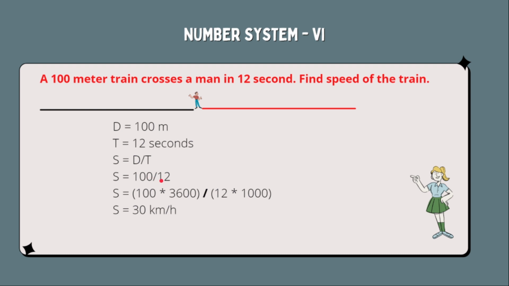So to convert them into kilometer per hour, we have to divide 100 by 1000, that is here, and we have to divide 12 by 3600 to convert it into hour, because this is given in 12 seconds. So we will divide 12 with 3600, so that will go upward. Okay, and s will be 30 km per hour. So you just solve this equation and you will get this value, s equal to 30 km per hour.